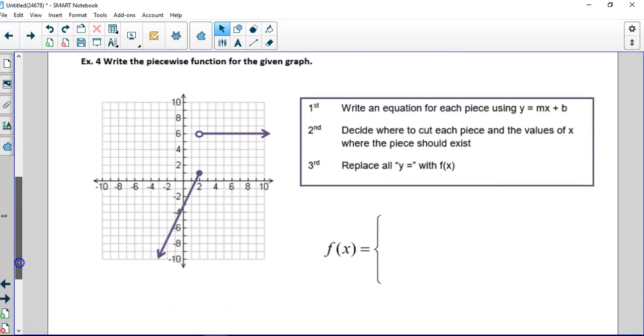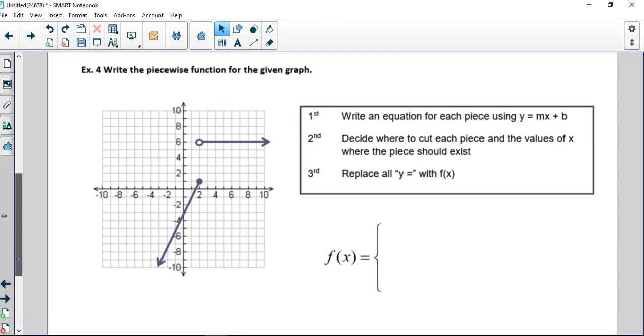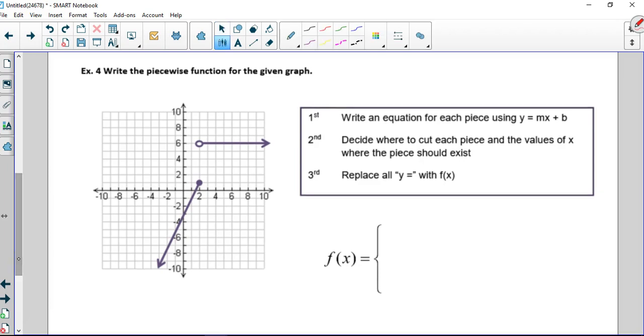Wrong button, sorry. Okay, now we're going the opposite direction. We're trying to write the equation given the information on the graph. So this is obviously the line y equals 6. Well, remember, this is already y equals.